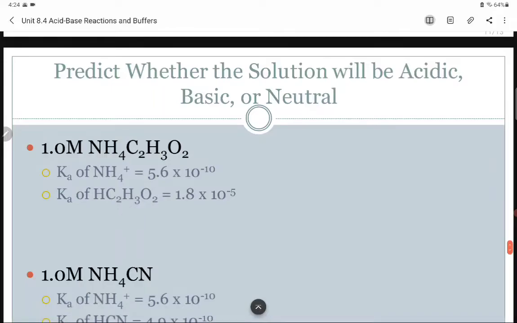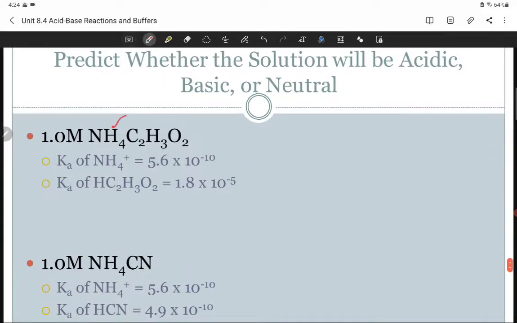Oh, these are awfully difficult because now we have both of these items. The ammonium would like to make this thing acidic, but the acetate would like to make this basic. So let me write this out and show you what's actually going on here.